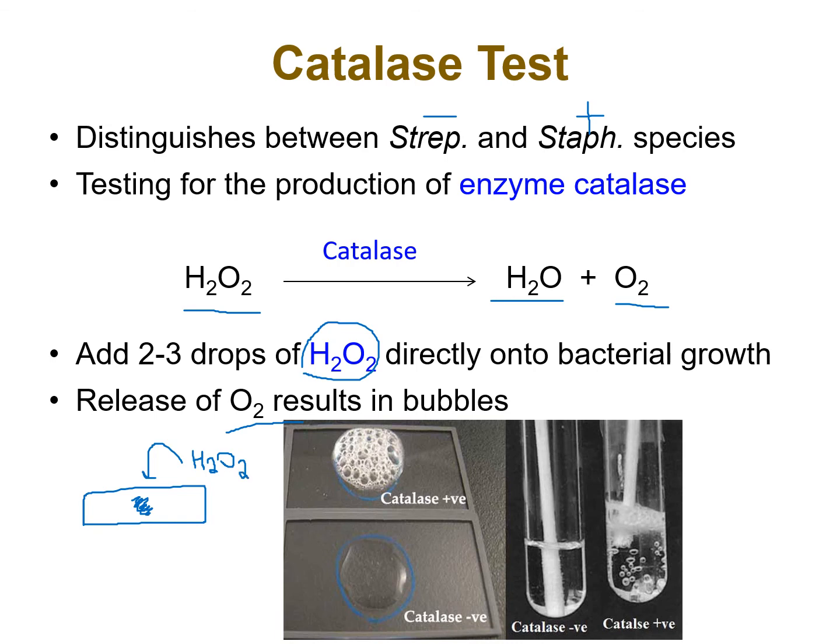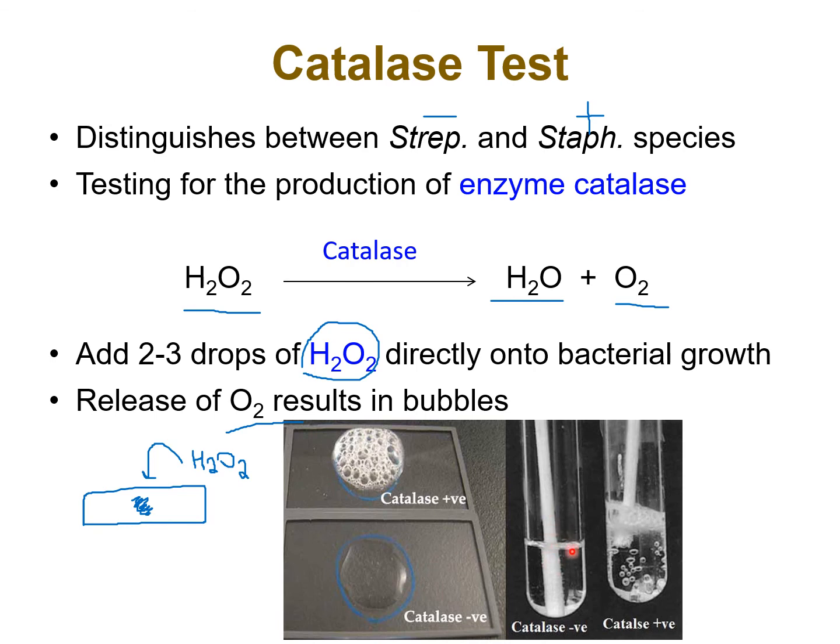If it starts to bubble, as you can see right here, that means that catalase was produced and it was breaking down that hydrogen peroxide that you just added, and that's why it's bubbling. If after adding hydrogen peroxide nothing happens, then it's catalase negative, meaning your bacteria is not producing catalase enzyme.